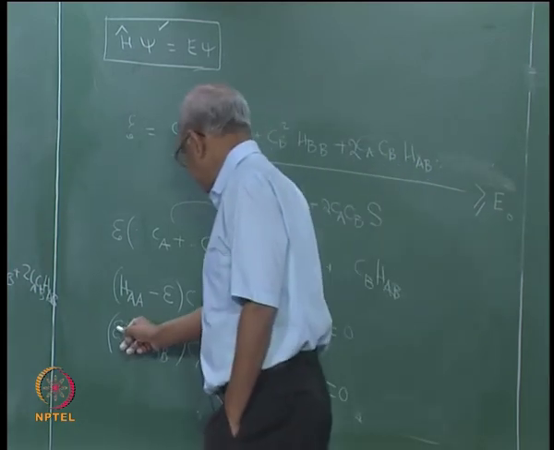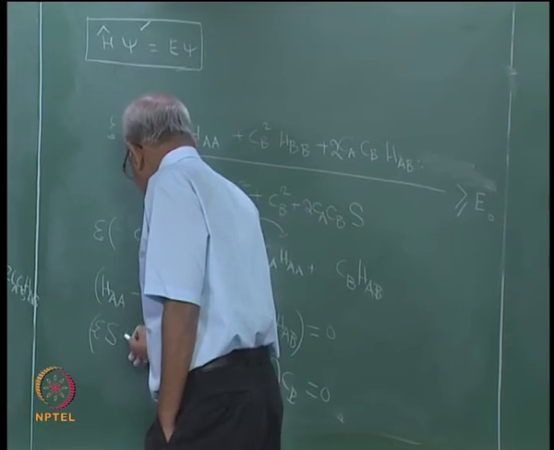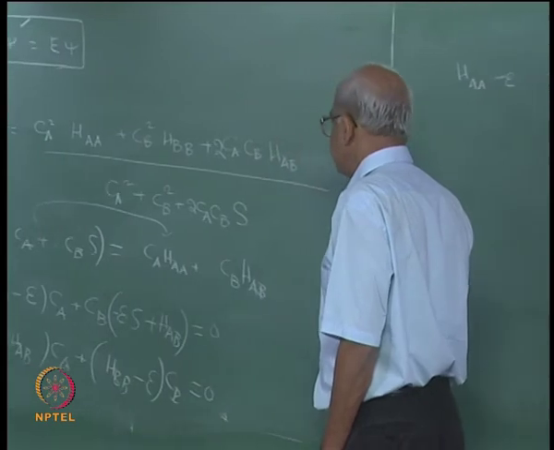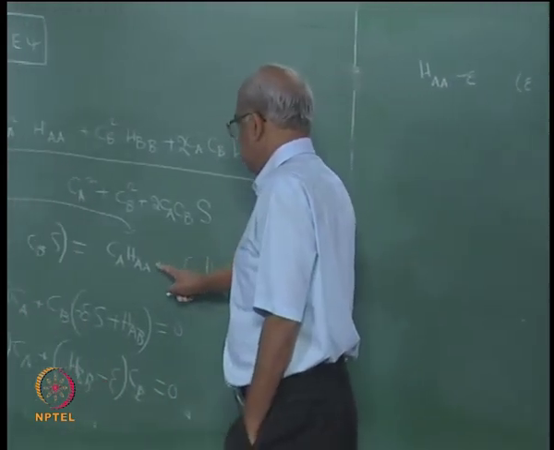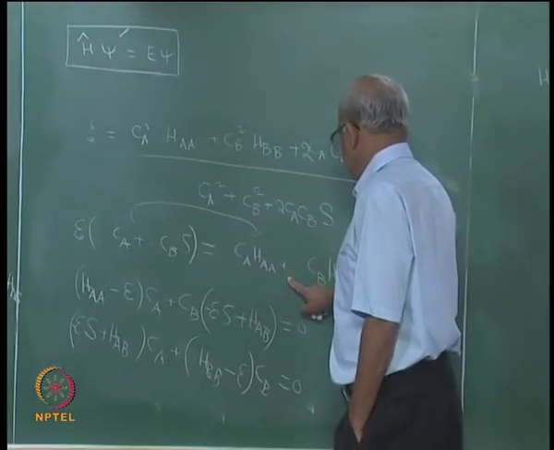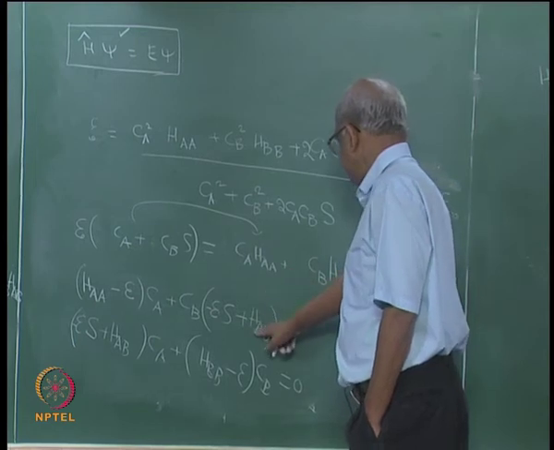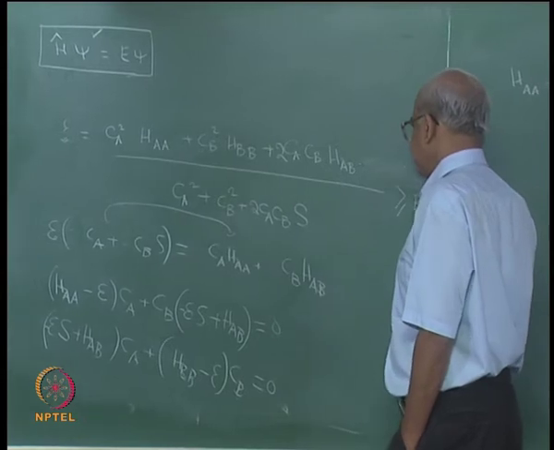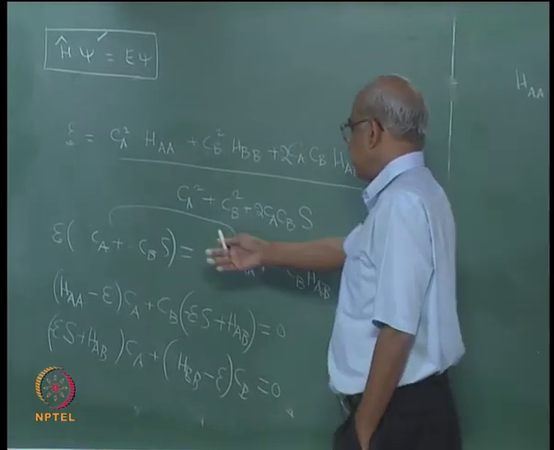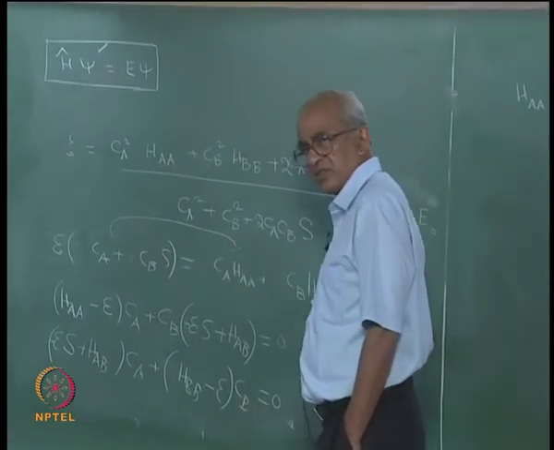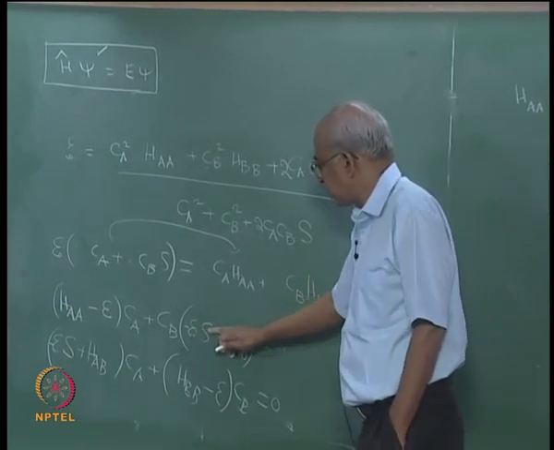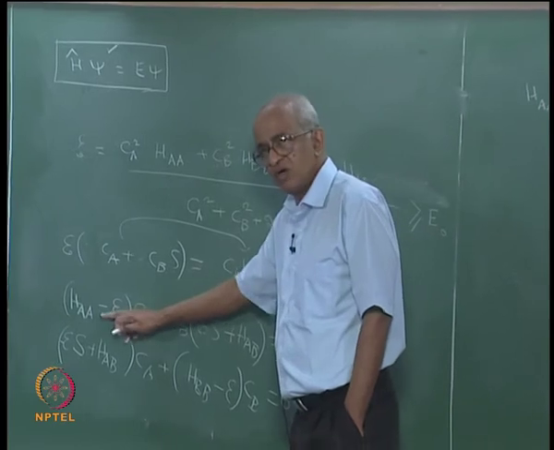So, this should have been minus and that should have been plus. You can check it, the equation actually follows from here. You are taking this to the right hand side, so naturally script E here will occur with a negative sign and script E there also will occur with a negative sign.